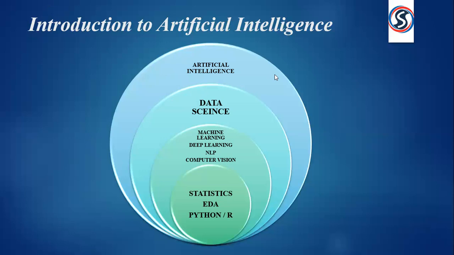At the end of the day, we are building an AI model that consists of all this information, all these pre-modularized and statistical techniques that are included in data science.